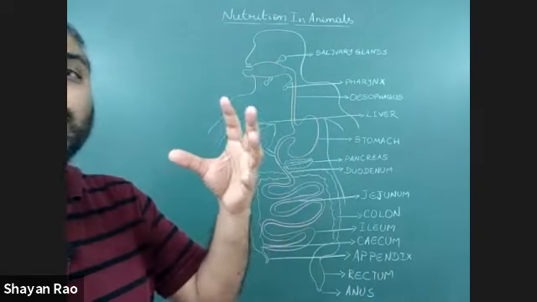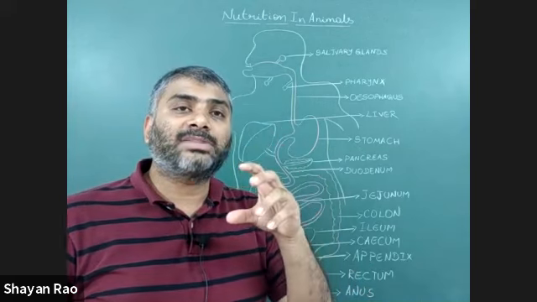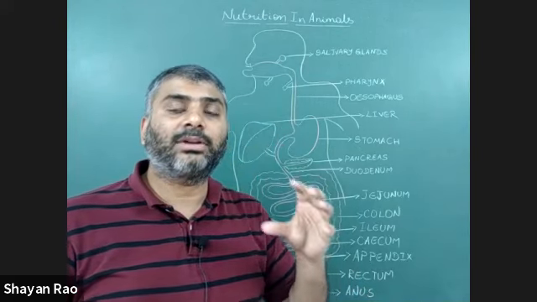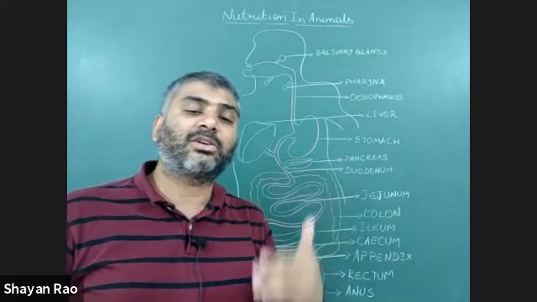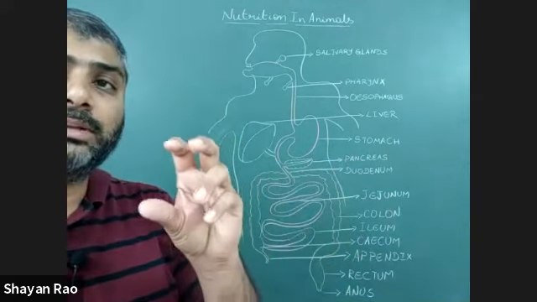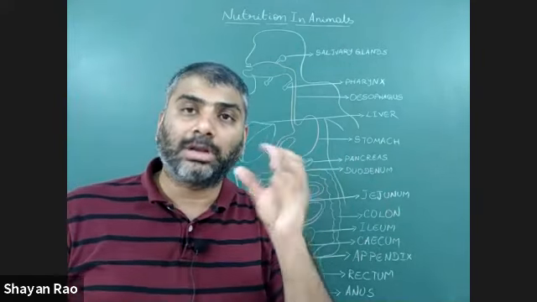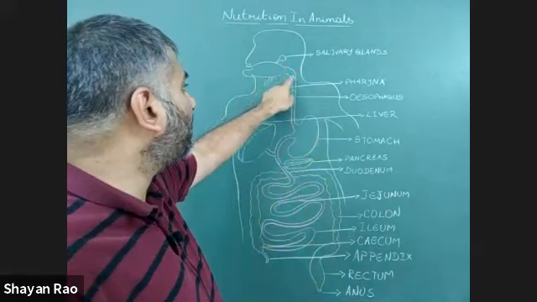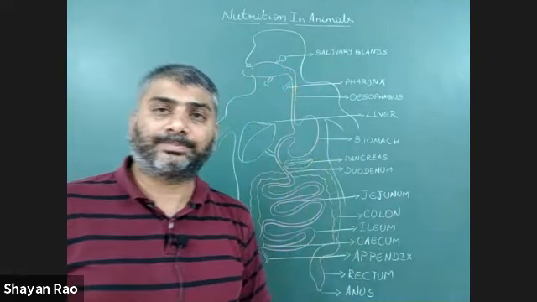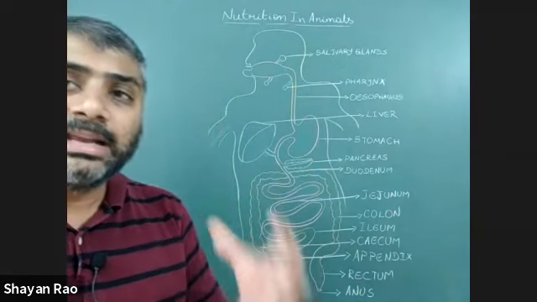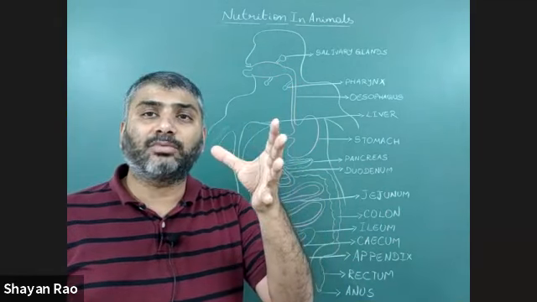Last class we understood that the tongue and the teeth help in cutting and grinding the food. Along with that, they help in softening the food, and the food along with the tongue is converted into a ball-like mass called the bolus. The bolus starts moving into the esophagus, which is highly elastic in nature and shows peristaltic movement.